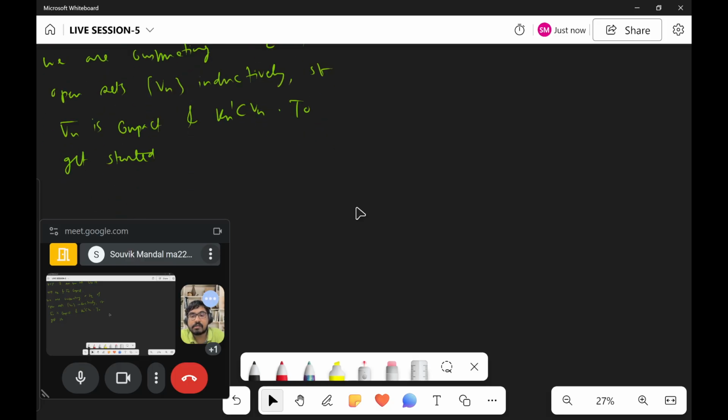To get started, consider V0 to be the empty set.